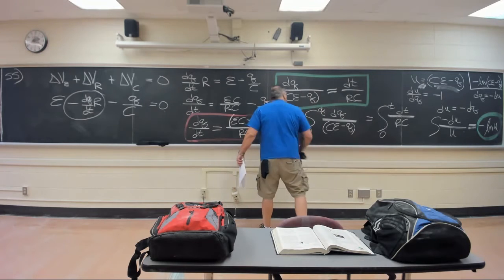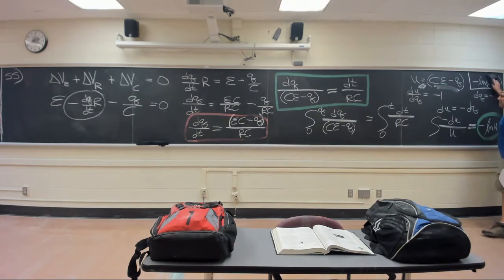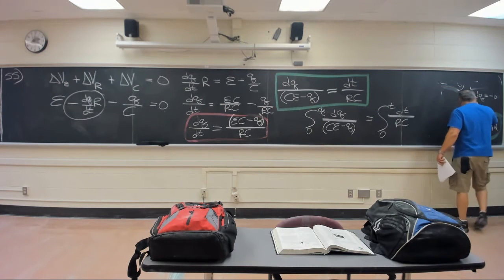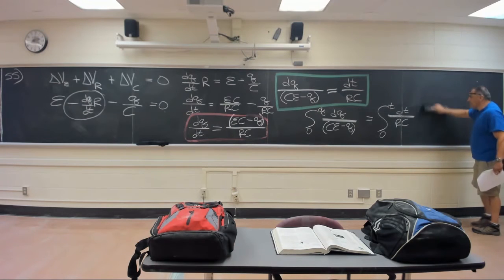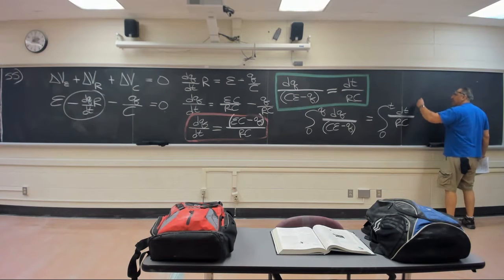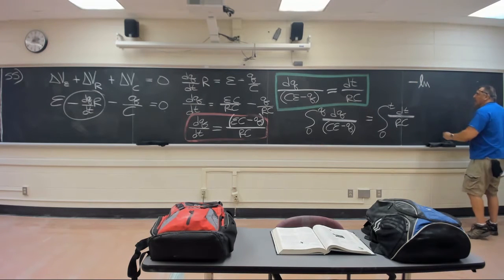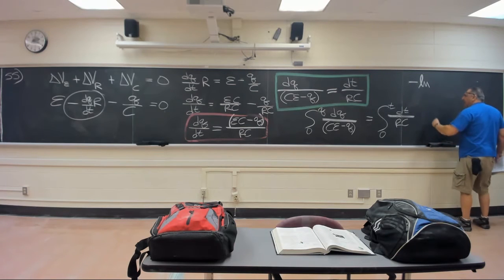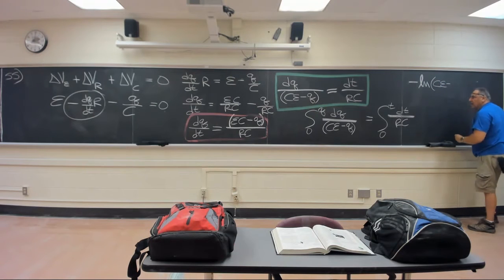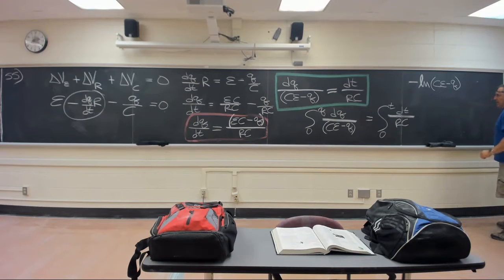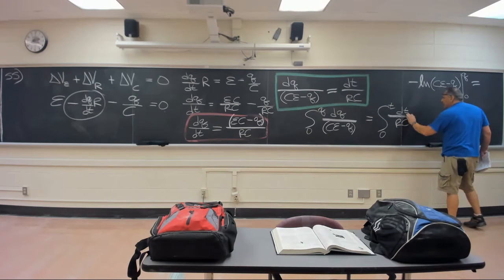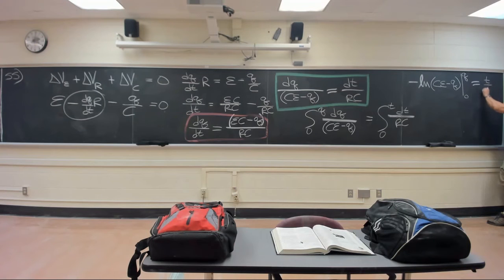So what we got here is negative ln of (CE minus Q) evaluated between 0 and Q. And the other thing here is take 1 over RC out of there, do the integral, you get t over RC evaluated between 0 and t.